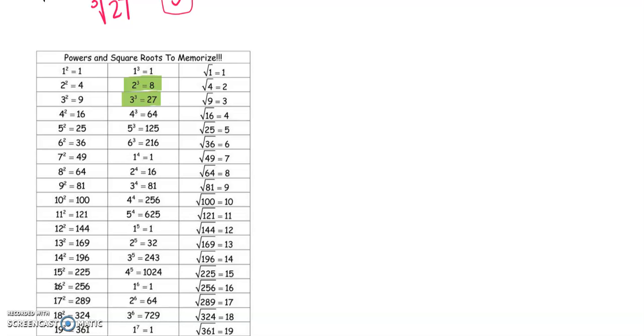You probably want to memorize all of these, I would say up to the 12th, and then you probably want to memorize all of these as well. And then you're just going to be able to do these problems a lot quicker. So if you need to do note cards or something, you could do anything you need to do to be able to memorize them. And again, these problems are going to be easier for you.